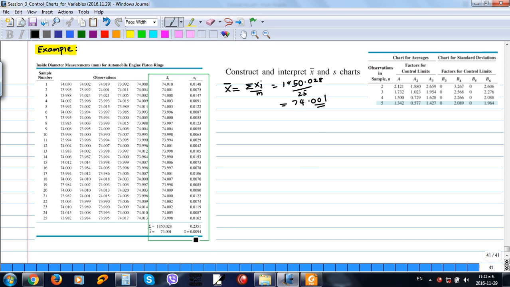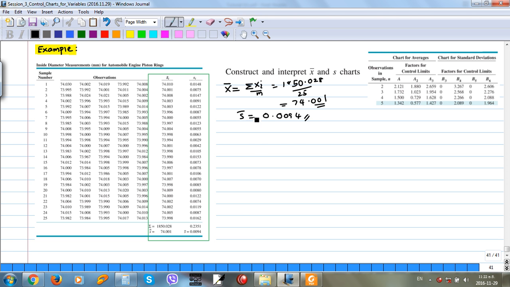In the same way you can find S bar: this value divided by 25 comes to 0.0094, right? We discussed how to take X double bar and S bar in the previous lessons.